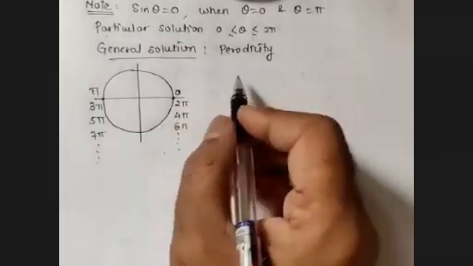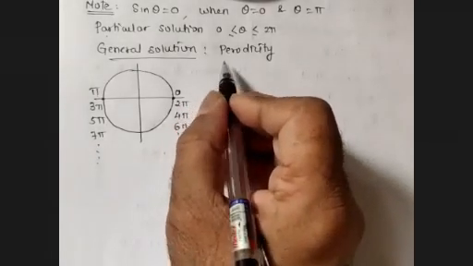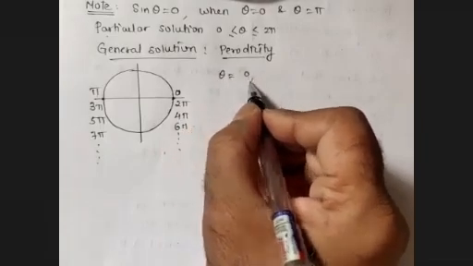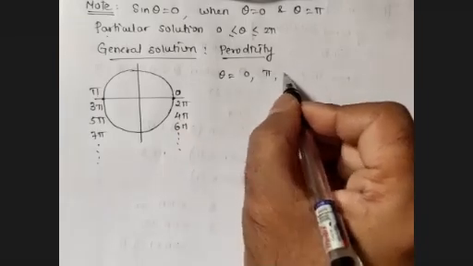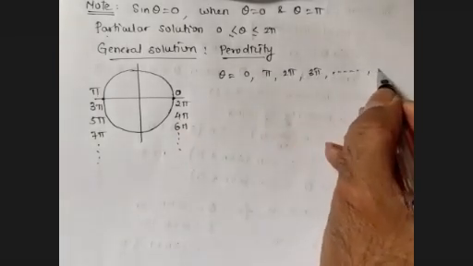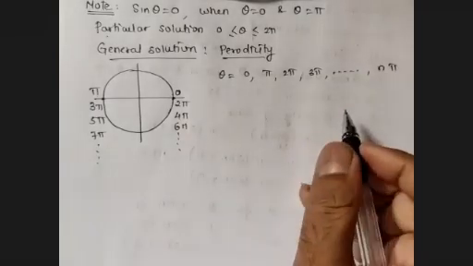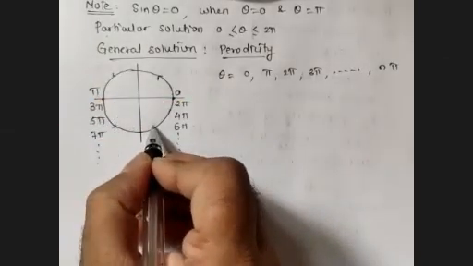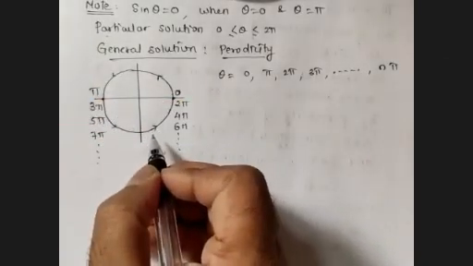So the general solution, using the periodicity definition, the value of theta will be either 0 or it will be pi. It can be 2 pi, 3 pi and so on. So last will become n pi. But here we are talking about the positive direction of the angle, that is anti-clockwise.